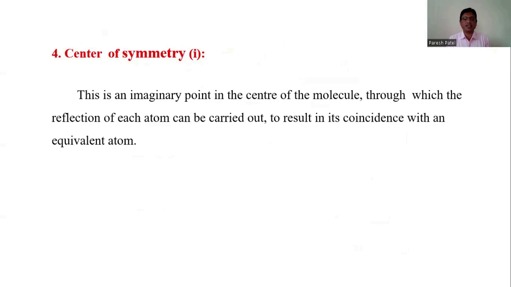It means we have to imagine a point, and with the help of the point, we can invert each atom of the molecule through that point to get the equivalent orientation position. So that symmetry can be recognized as center of symmetry.